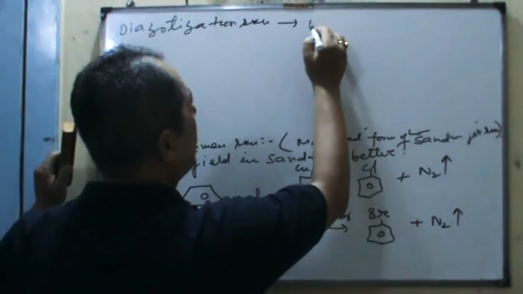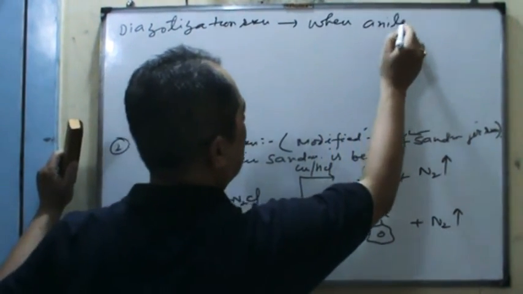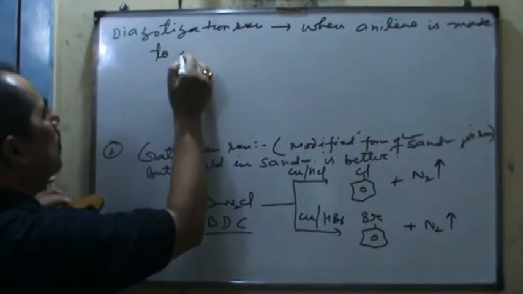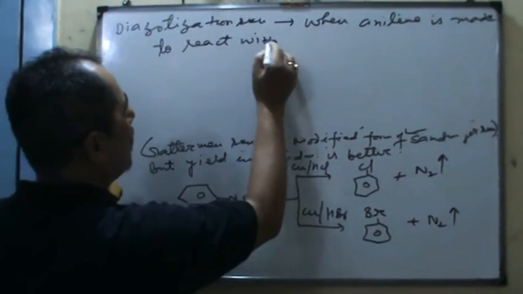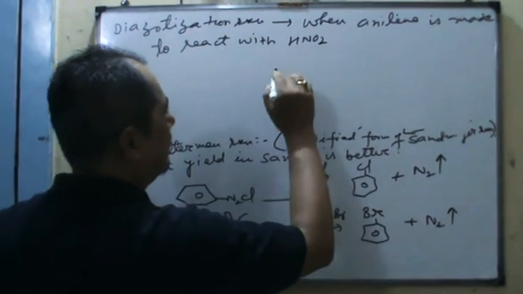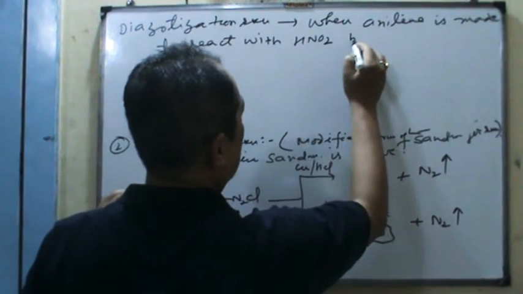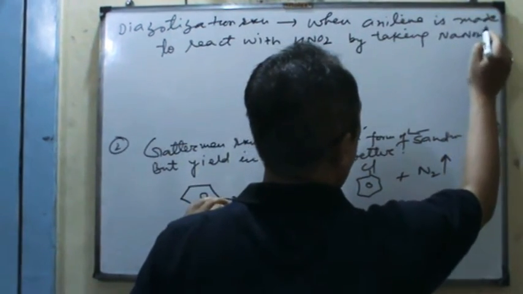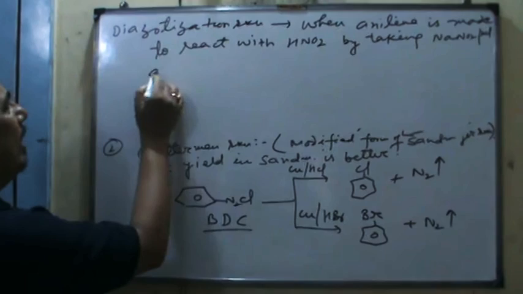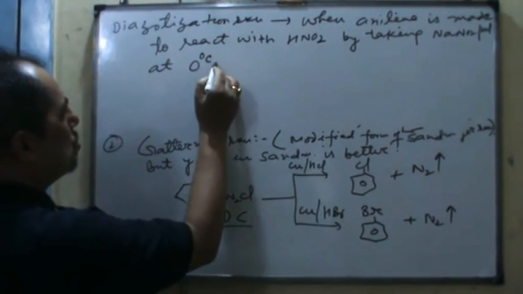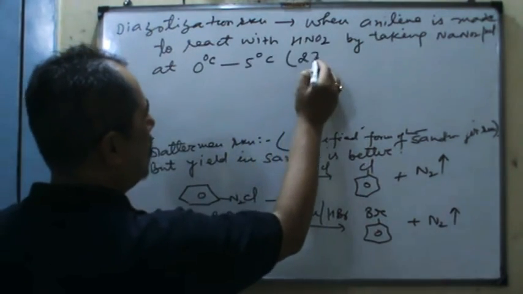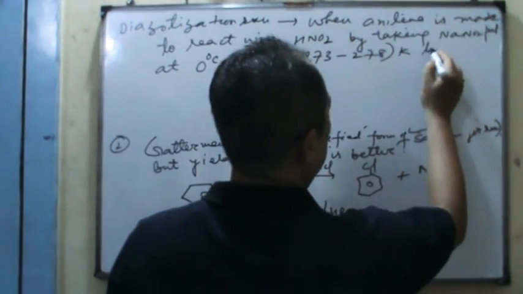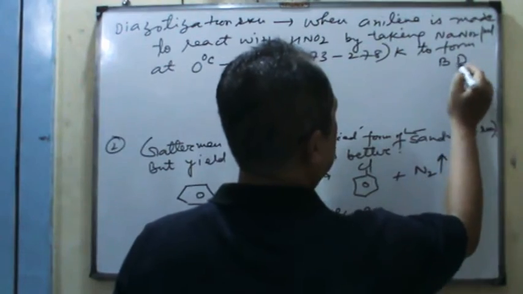In that reaction, aniline is made to react with nitrous acid, by taking NaNO2 and HCl at 0 degrees Celsius to 5 degrees Celsius, or 273 to 278 Kelvin, to form, what is that?